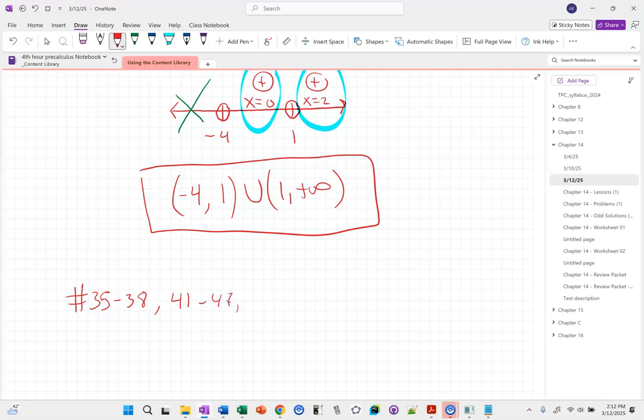I don't want you to do 48, but then you can do 49 to 56. I just skipped the ones where you'd have to do like the polynomial division stuff to solve the polynomial. We just did that. I don't need you to do it again. It's just time consuming. You get the idea without having to do that.